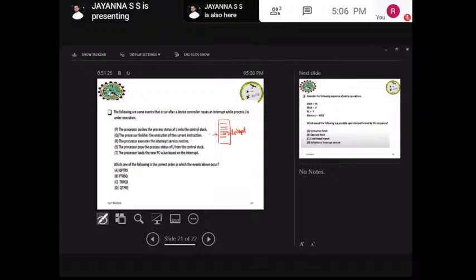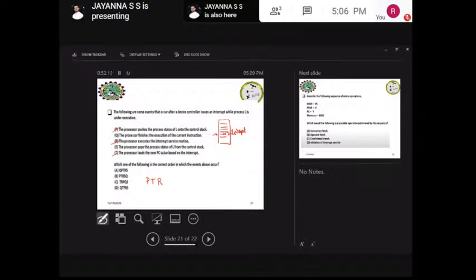So once you push the status onto the stack memory, the next is the processor loads the new PC value based on the interrupt. Then once the new PC value is loaded, according to the new PC value, the processor executes the interrupt service routine. That is, first one is P, second is T, next is R. Once the processor executes the interrupt service routine, the next is the processor has to come back to the main program where it executes the current instruction.